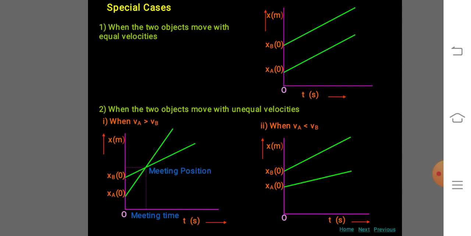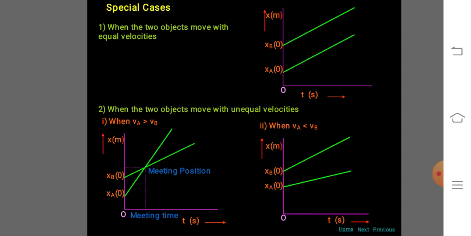Same like that for the second case. Here in the second case, VA is less than VB, or you can say VB is greater than VA. If you look at the equation, you already know VAB = VA − VB.